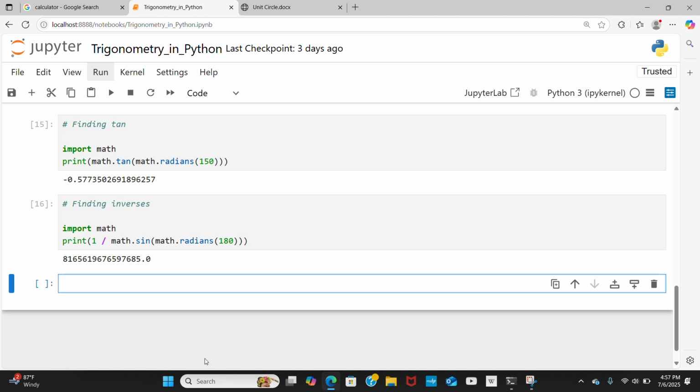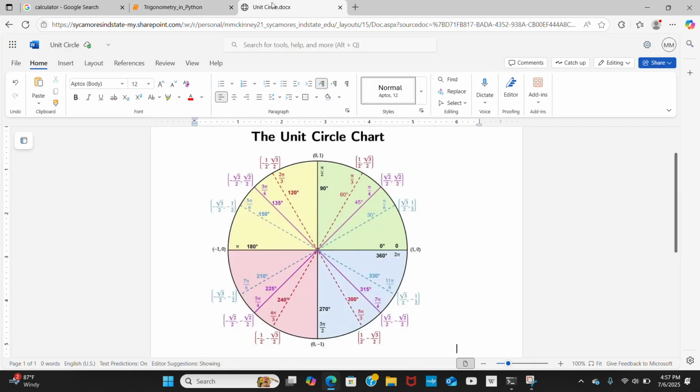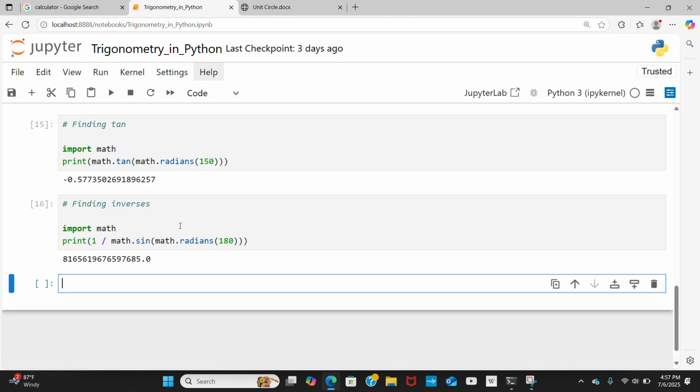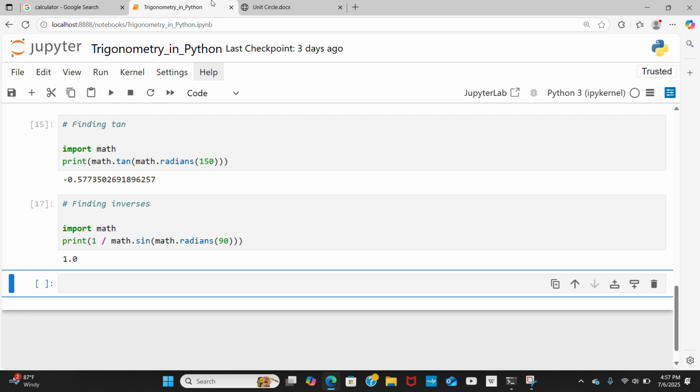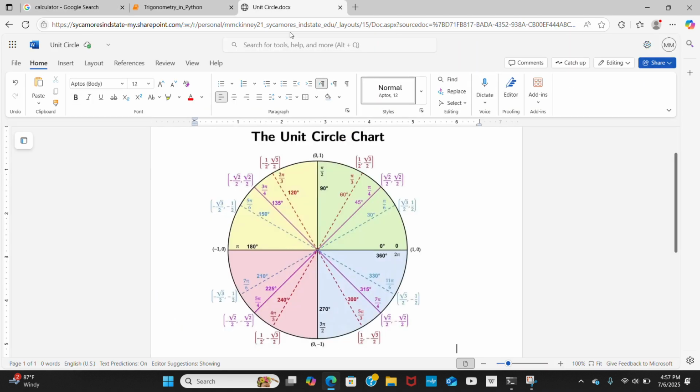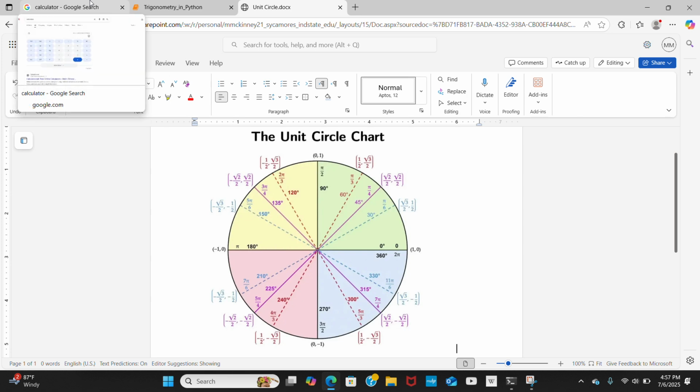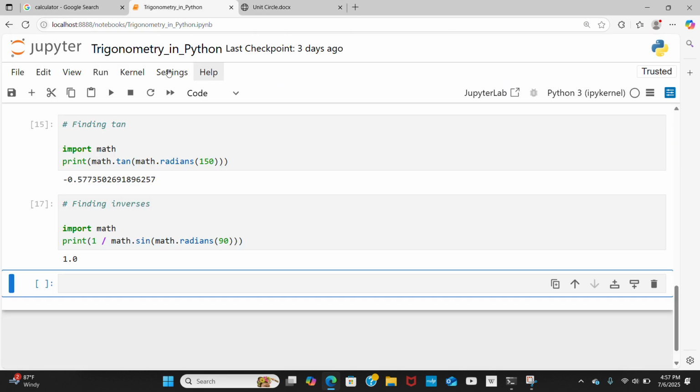I think I should choose a better number. So 1 divided by sine of 180, or 0, is undefined. Let's choose 30 degrees.